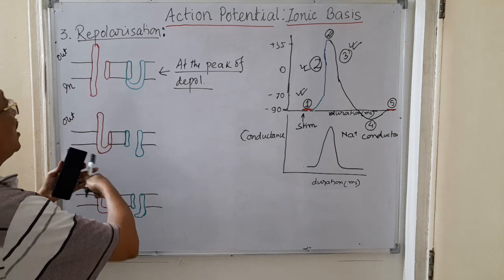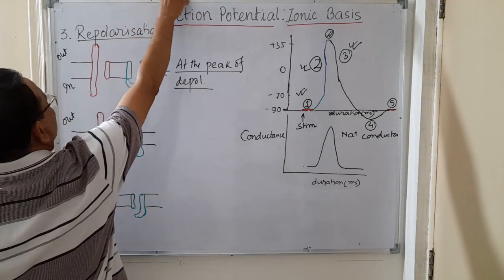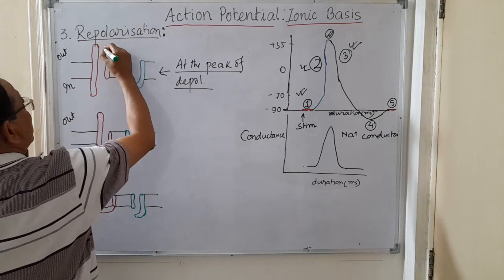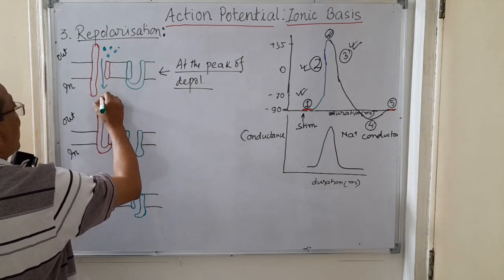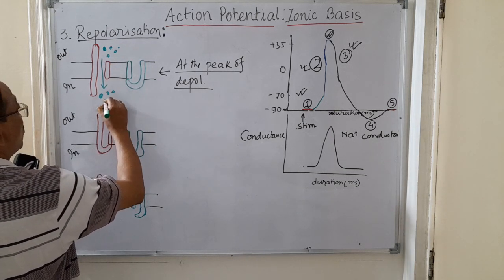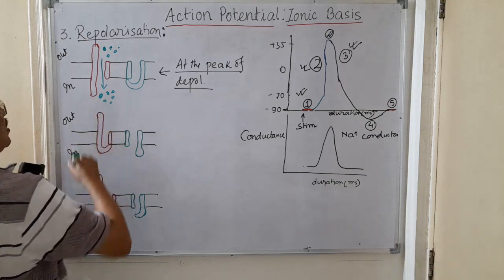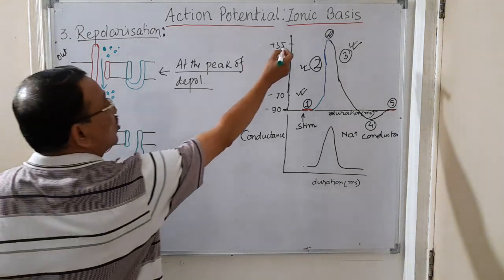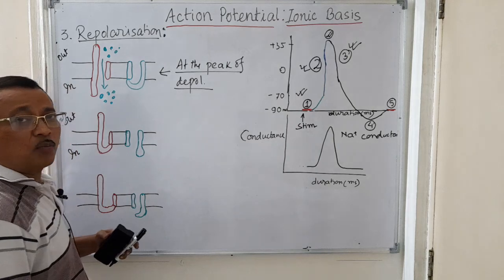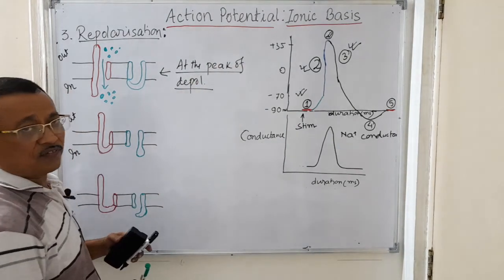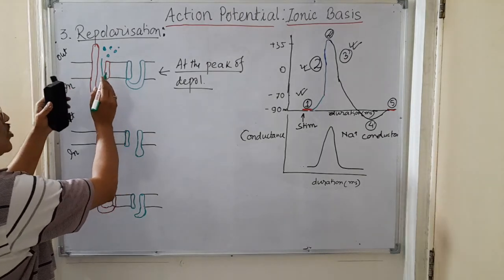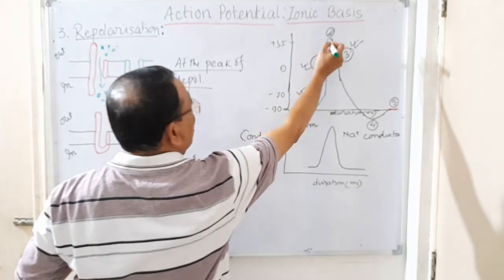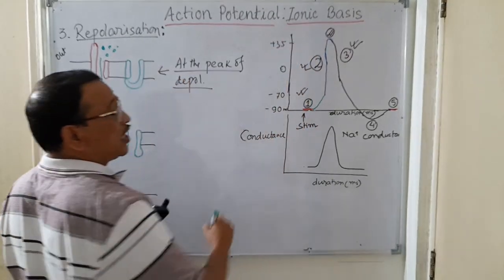As a result, sodium ions were coming in rapidly, and this is why inside was electropositive with a value of plus 35 millivolt.